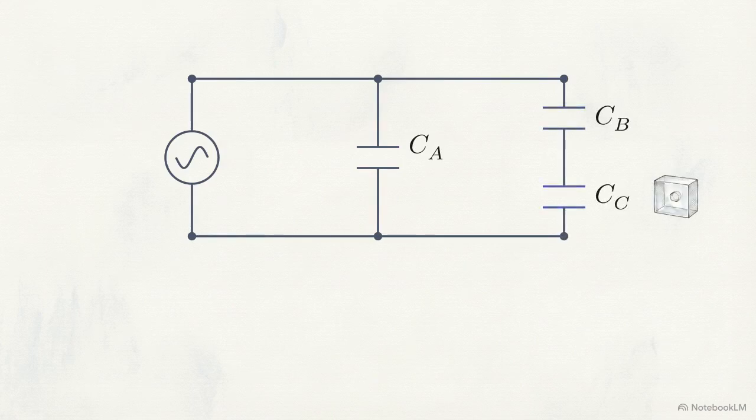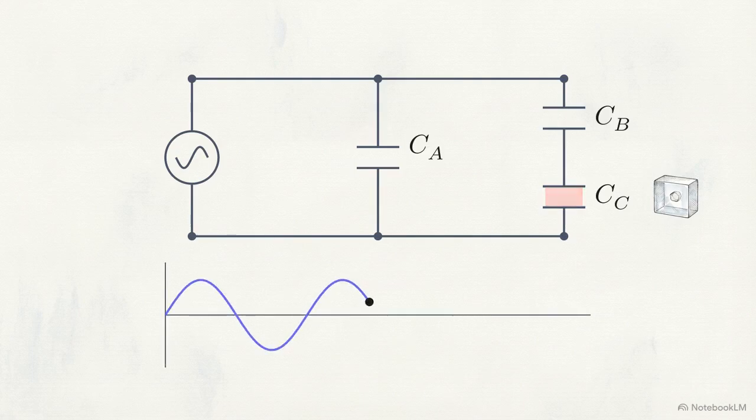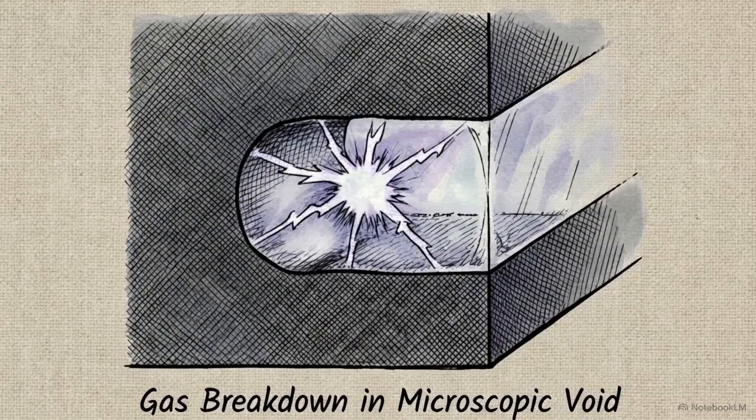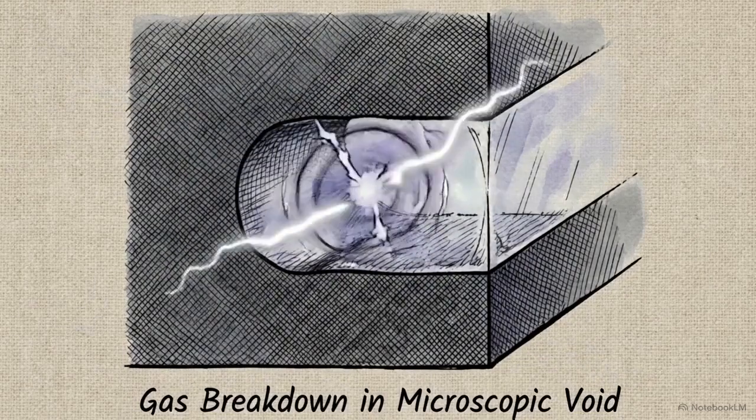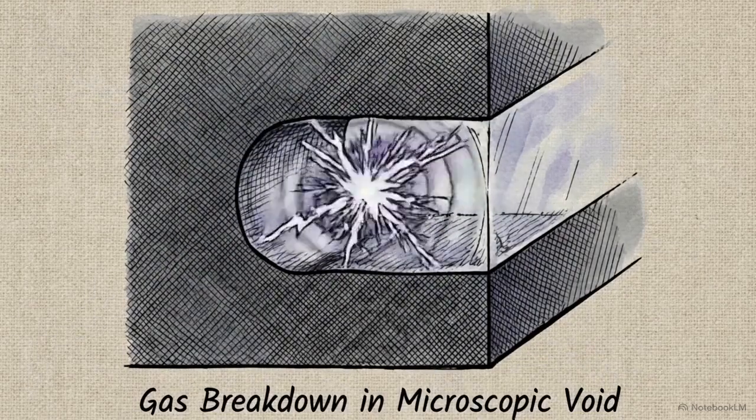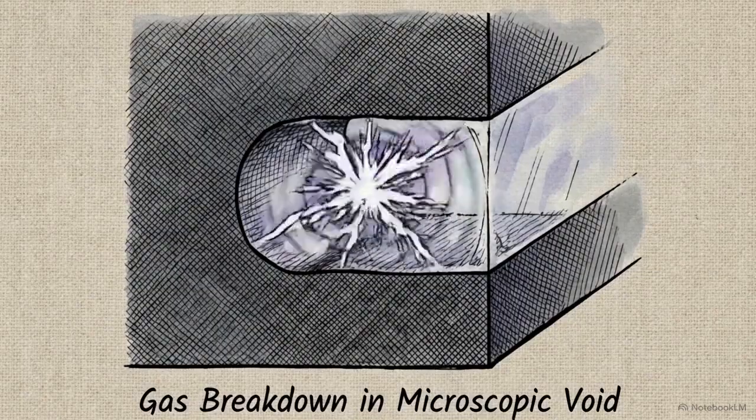As alternating current is applied, voltage stress builds across the weaker gas in Cc until it breaks down. This defect acts as a tiny capacitor in series with healthy insulation. It continuously charges and violently discharges against the alternating current, generating high-frequency pulses.